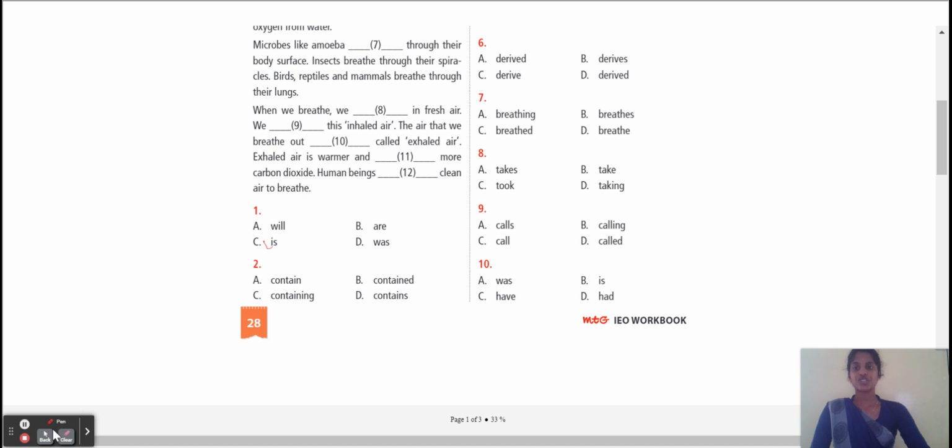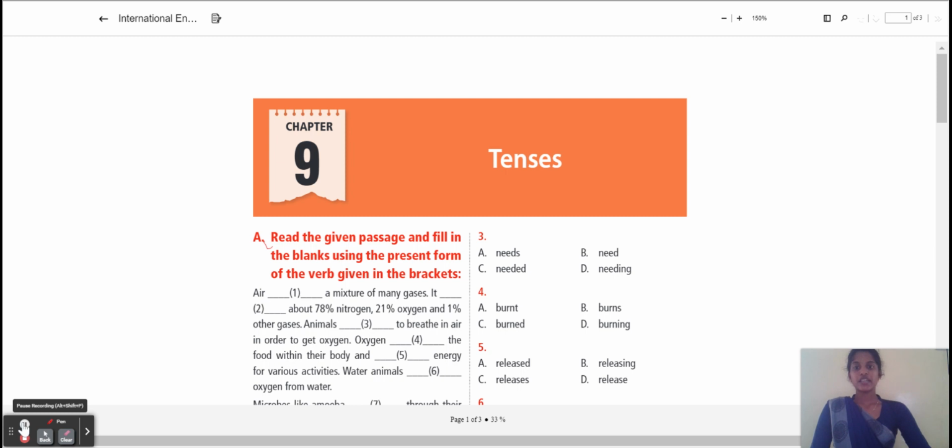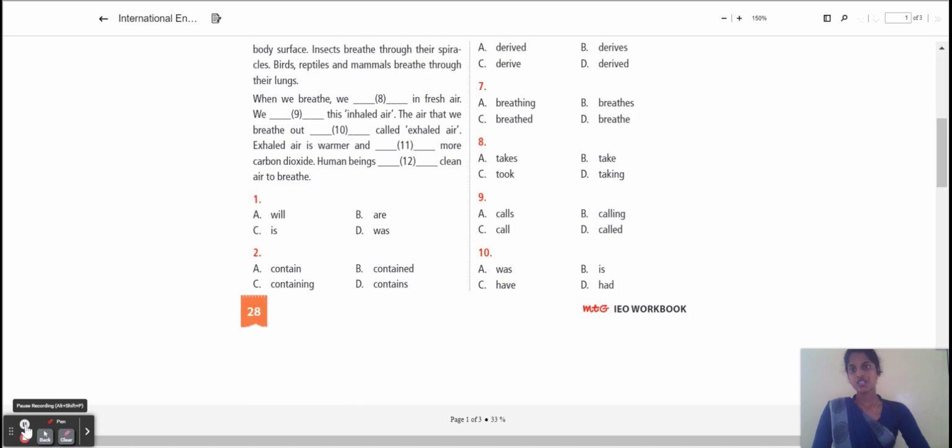So the second question we can see: it dash about 78 percent. Here is the present tense. You can see the given options and find out the correct answer. The options are A contain, B contained, C containing, D contains. Here contained is the past tense, containing is a continuous tense.